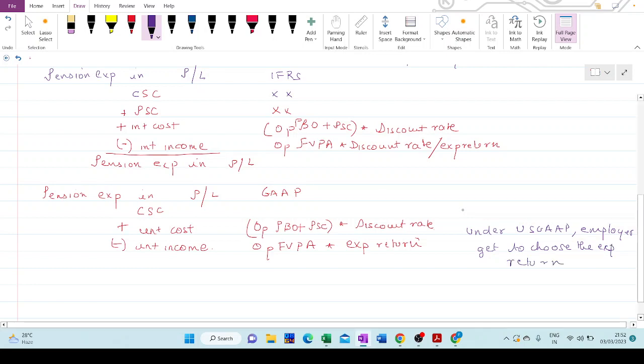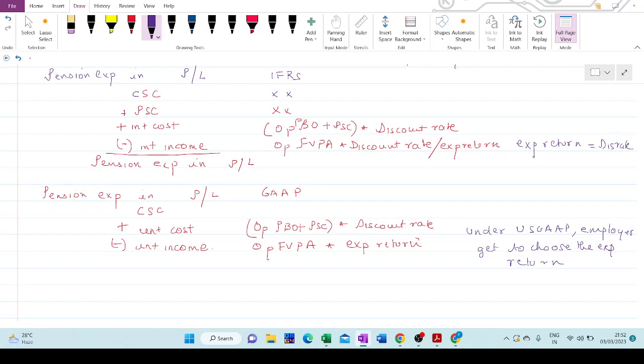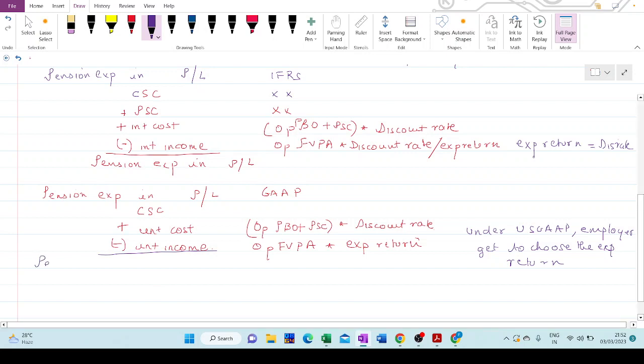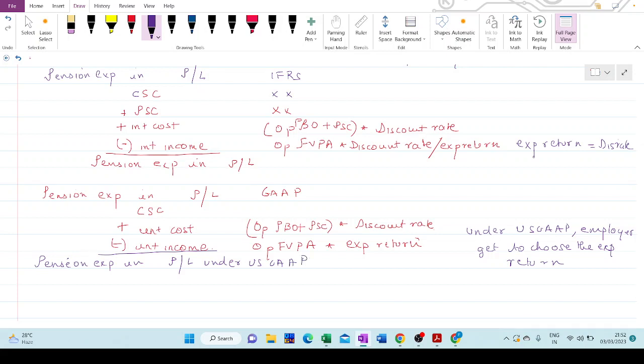In IFRS, your expected return is the discount rate, where the discount rate is the current YTM of AAA corporate bonds with a duration that equals our pension plan liabilities. Right. So this is my pension expense in P&L under GAAP. Right.